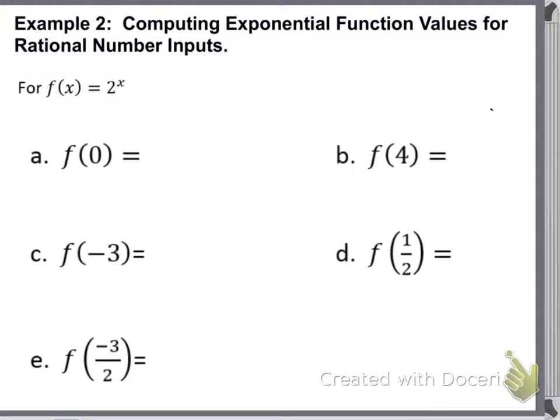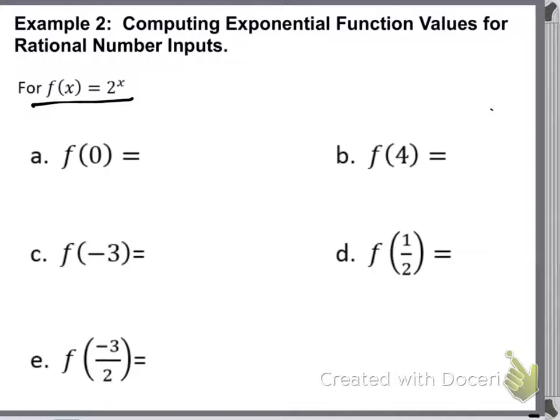Example 2 here. Now we have to compute exponential function values for rational number inputs. So basically what we're doing is plugging in values. We're evaluating the function based on what x is. In the first one, we want to find f of 0 for f of x equals 2 raised to the x.